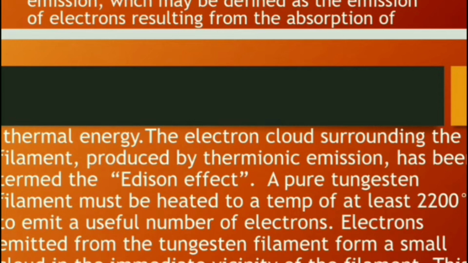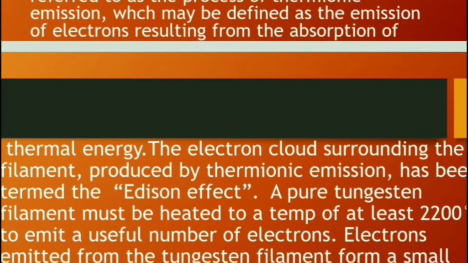Thermal energy is the energy contained in the metal because of temperature, the energy which the metal obtains because of the temperature we have given to it, due to current. So it absorbs thermal energy, and some of the electrons in this metal acquire enough energy to move a small distance from the surface of the metal.